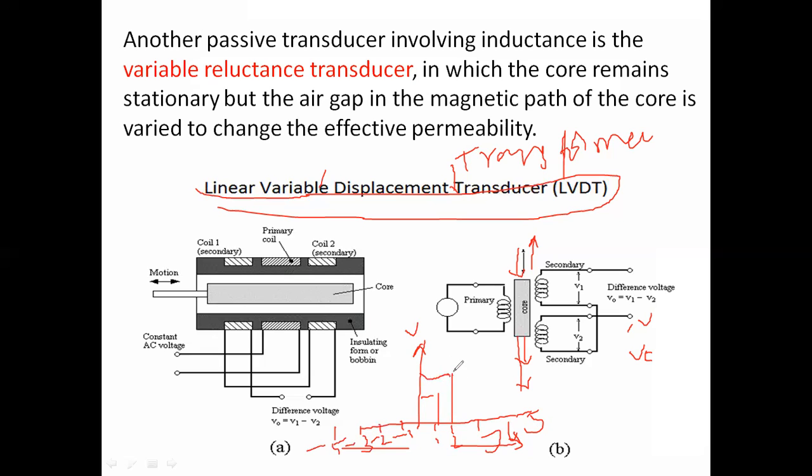Similarly, up to 5 centimeters of displacement, we have a graph like this one. Similarly, when the core is moving in the opposite direction, we will get the positive value, but that indicates the direction, so it is also in the negative direction, like this.